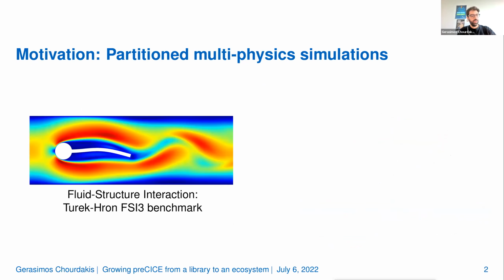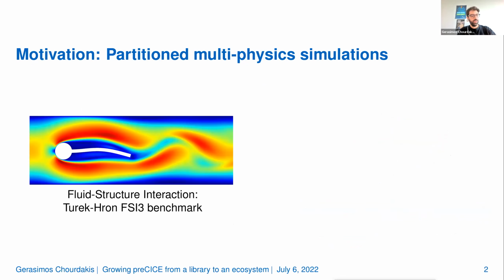And now imagine that downstream, you also fix a flexible flap, which will then start moving based on these oscillations. Instead of solving everything in one code, we actually want to reuse the expertise of a structure solver, which we want to plug in to our flow simulation. And we can do this with preCICE.